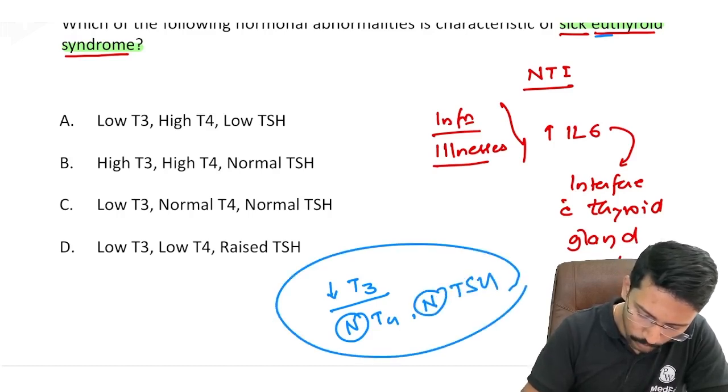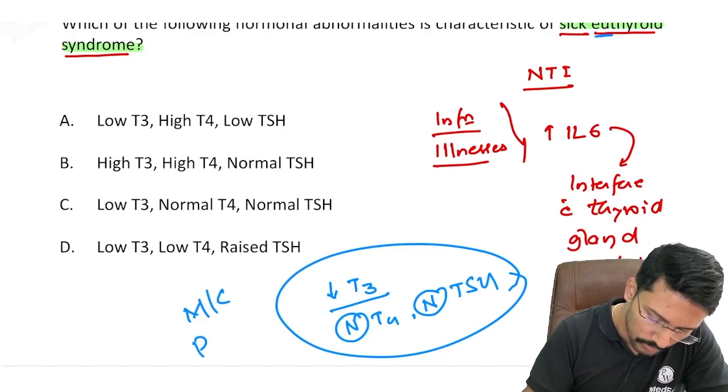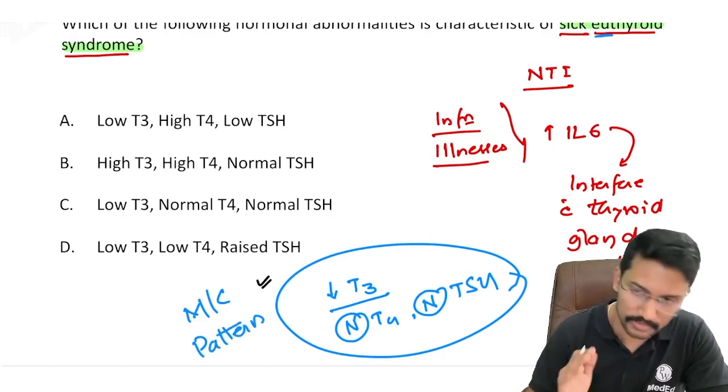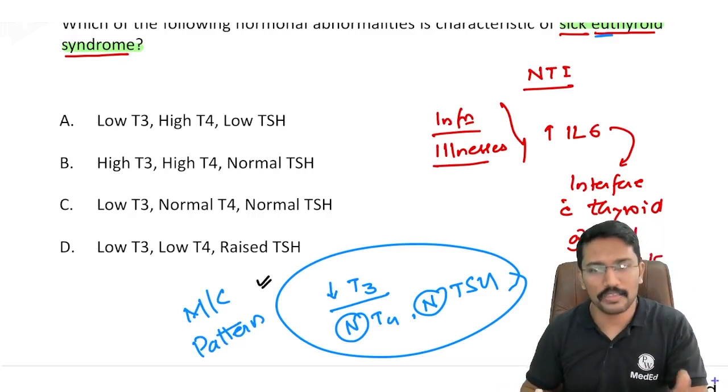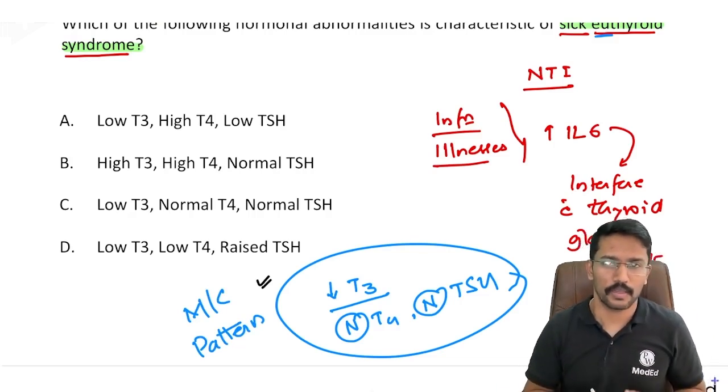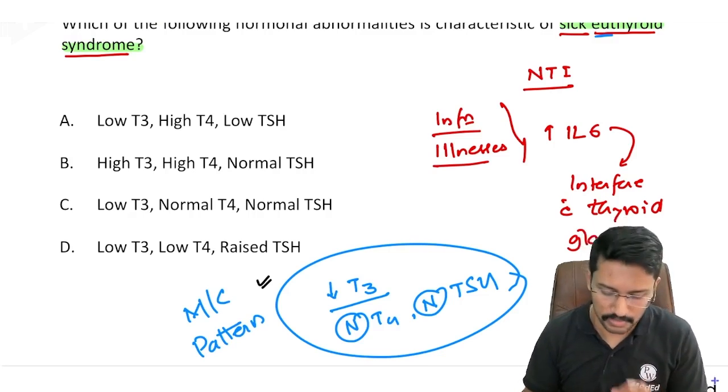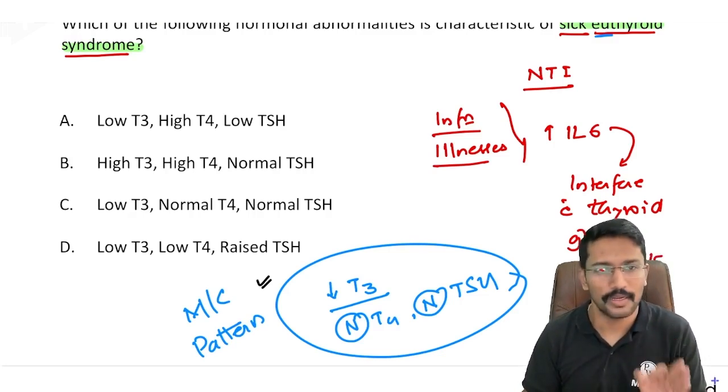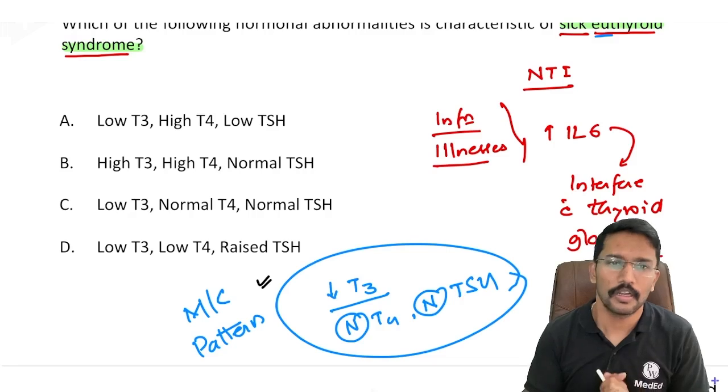This is the most common pattern. As long as you remember this pattern, you are going to answer the questions right, because all other patterns can also be seen in sick euthyroid syndrome, but this is the most common pattern where T3 is low, T4 is normal, and TSH is normal.